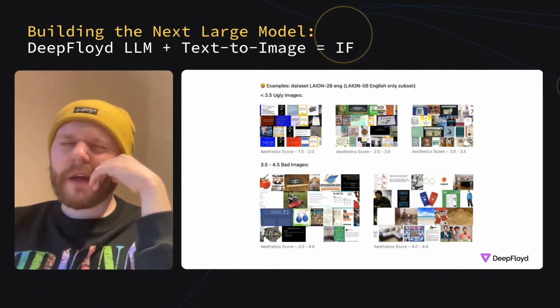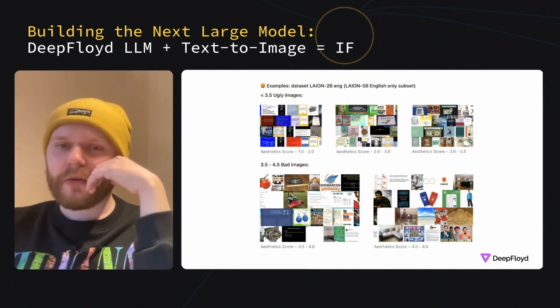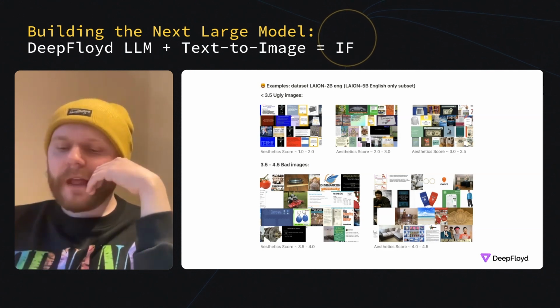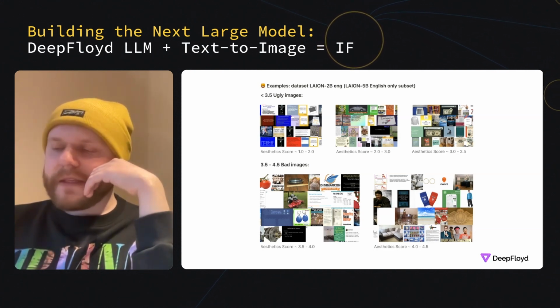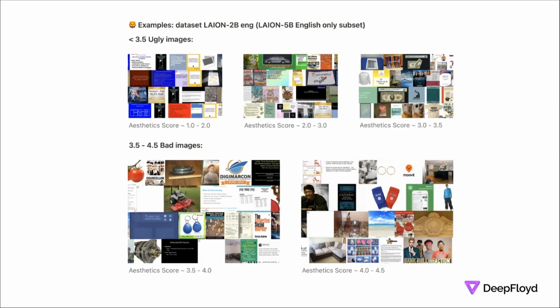And they made aesthetic scores. It's basically a CLIP score that has been trained based on human evaluation and human markups that show how beautiful the data is.